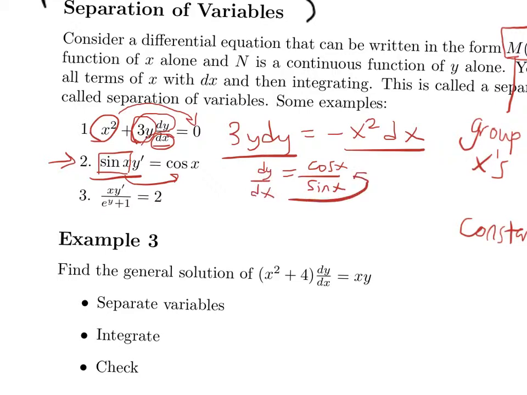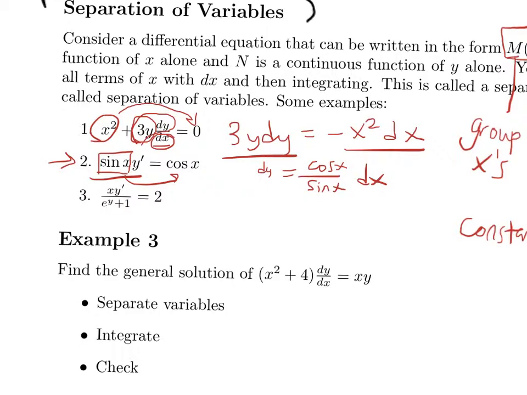If we treat it as Leibniz notation, it's like multiplying, even though it's not really. Okay, so we end up with that. What is cosine x over sine x? Cotangent x. Okay, so dy equals cotangent x dx.